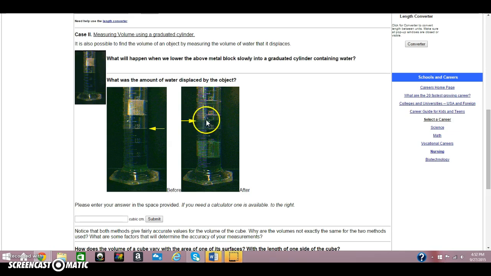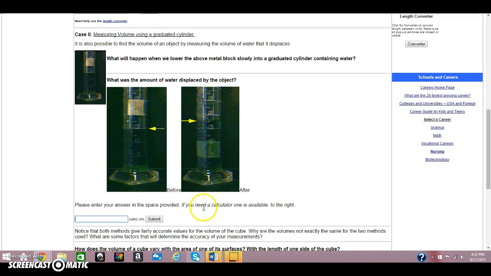Once you've figured out what this amount of liquid is, you take this number and you subtract it from this number, which is 150, and then you would find out how many cubic centimeters the volume is of the object that displaced the water.